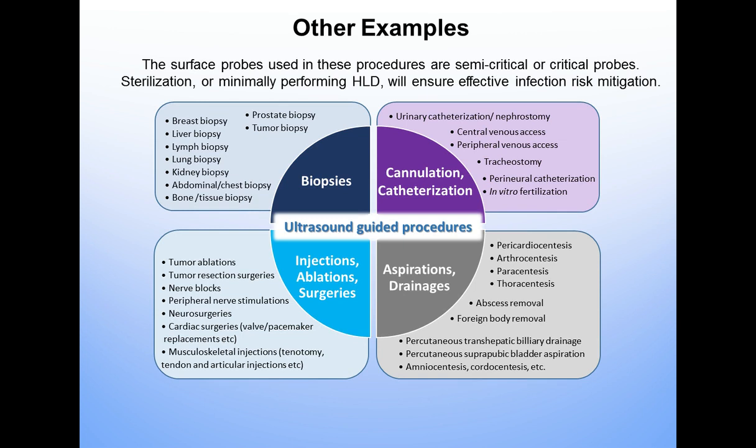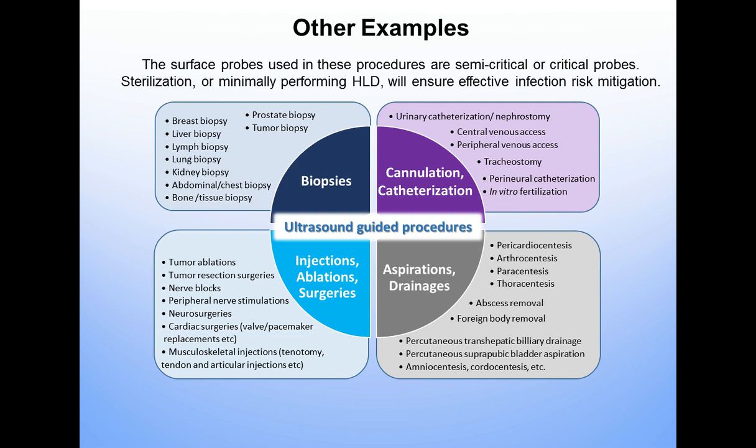So I've just shared a brief list of procedures here that could be considered as being semi-critical or critical that involve surface probes. I've grouped them into various categories, and this is certainly not an exhaustive list, but all biopsies where there's a chance that the surface probe could contact the puncture site, all injections, ablations, surgeries.